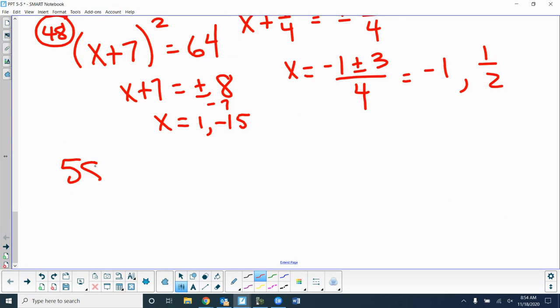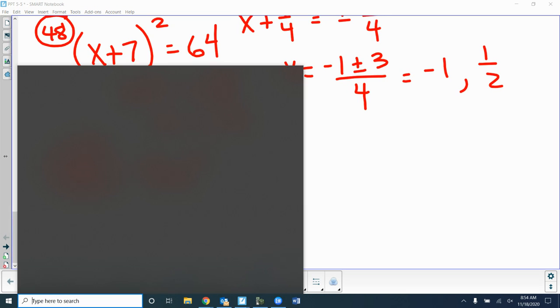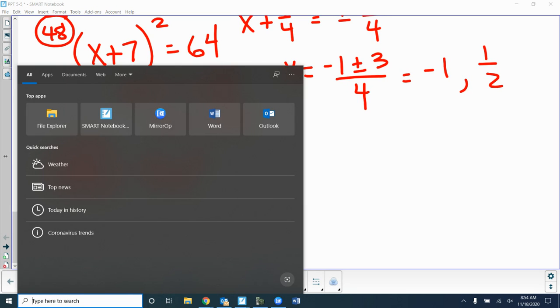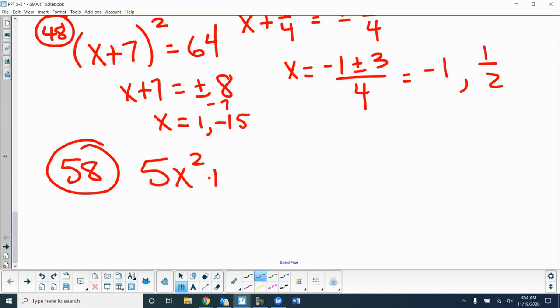Why is 58 kind of tough? Why is it kind of tough? Divide everything by 5. Yeah, the 5, right? You have to divide everything by 5 first.